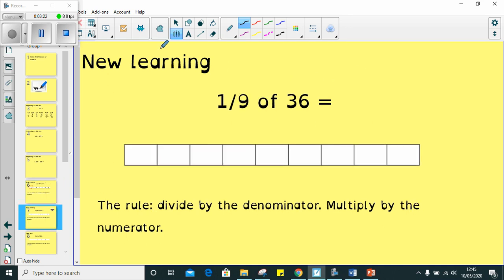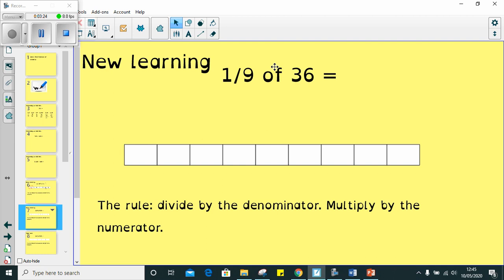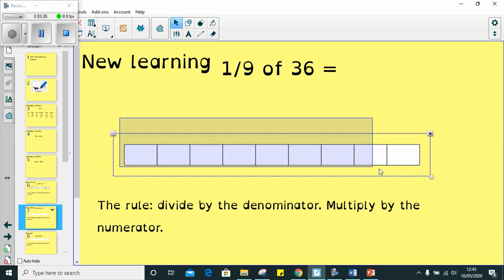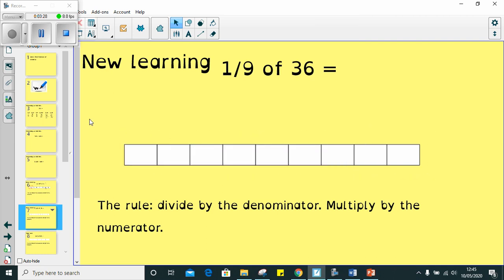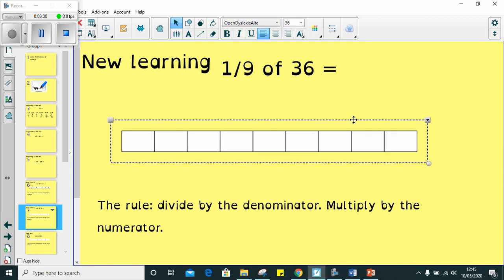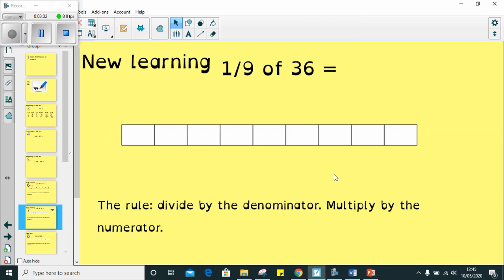Right, let's have a look at this one. Now we're looking at 1/9 of 36. So this time you can see that my bar has been split up into 9 equal pieces. If you know your 9 times table, you will know that it's 4, or you'll have to count in your 9s till you get to 36, or do 36 divided by 9.